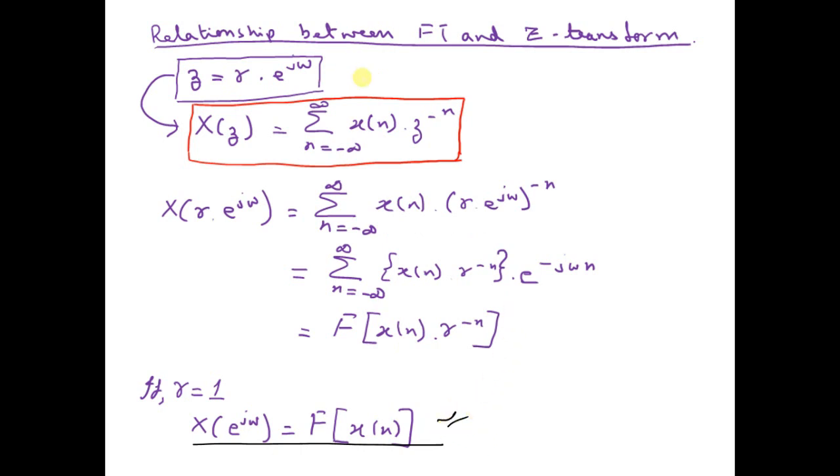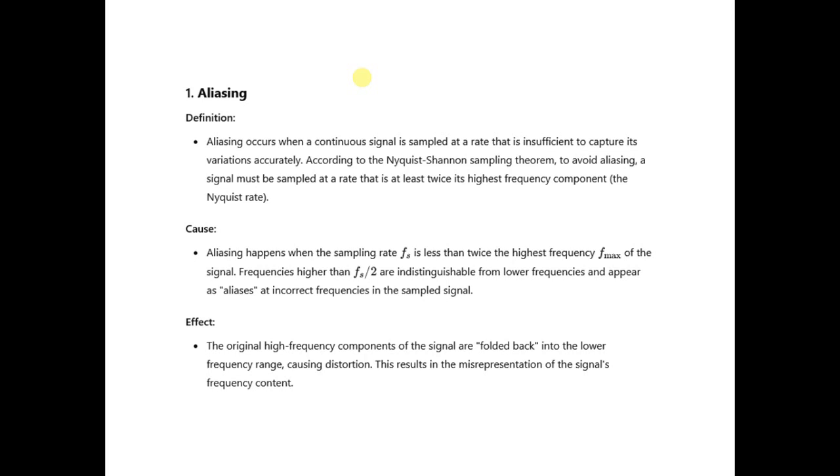It's quite self-explanatory. So aliasing, definition: aliasing occurs when a continuous signal is sampled at a rate that is insufficient to capture its variations accurately. According to the Nyquist-Shannon sampling theory, to avoid aliasing, a signal must be sampled at a rate that is at least twice its highest frequency component, okay, which is also regarded as the Nyquist rate. So aliasing happens when the sampling rate Fs is less than twice the highest frequency F max of the signal.